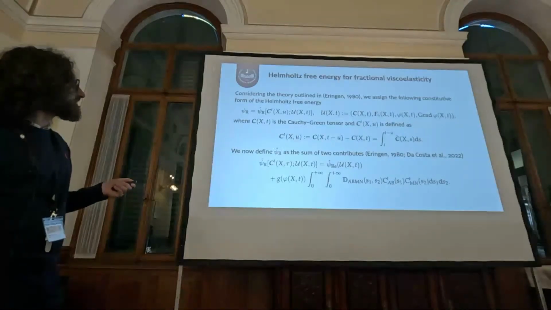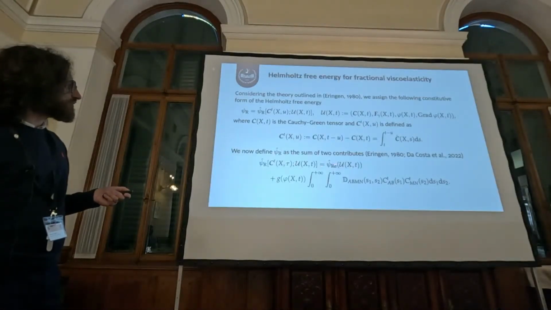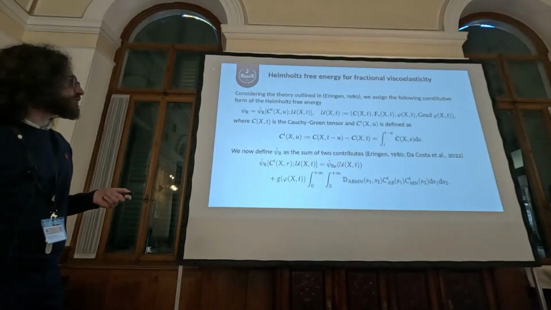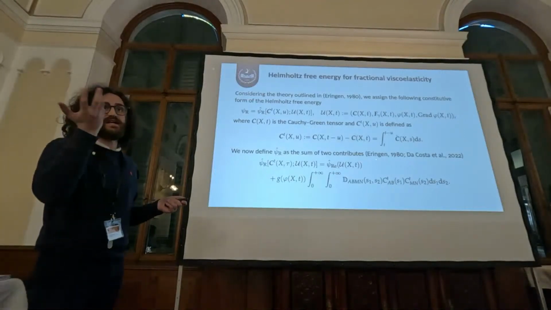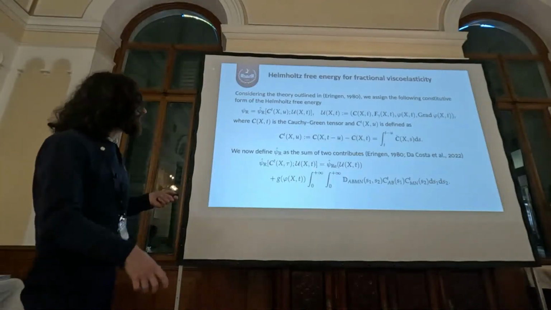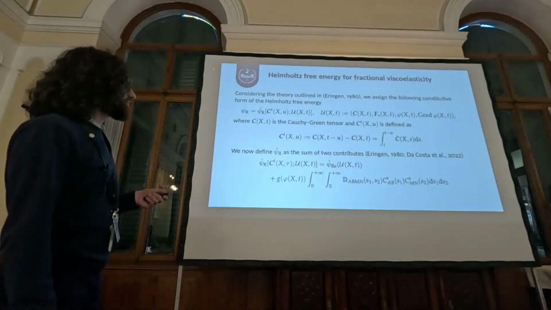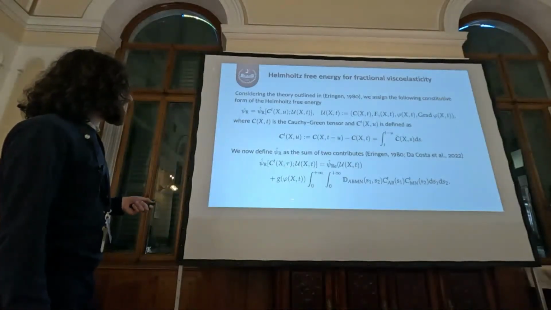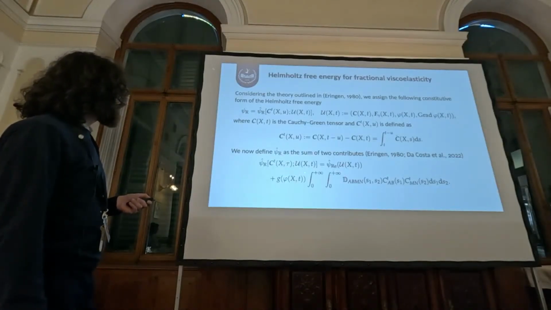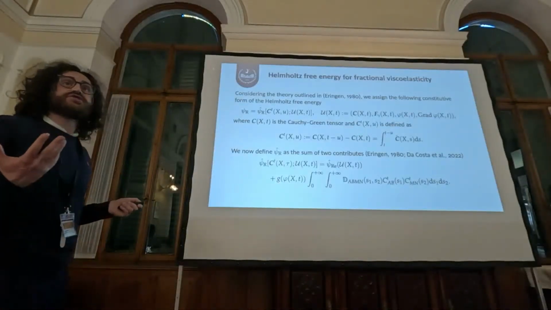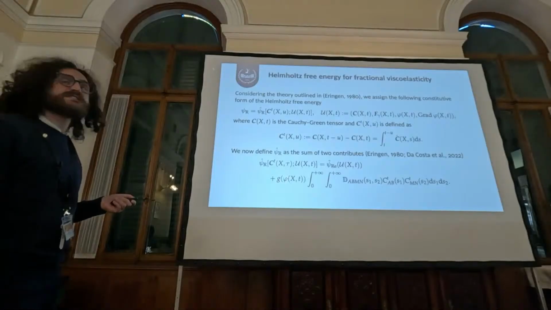So we can define CR as the sum of two contributions. The first one depends on the set U, so it is instantaneous and, if we may say, the elastic part of the Helmholtz free energy. Then we have a second summand that is a direct expression of the viscoelastic nature of the media, modulated by a degradation function dependent on the phase field.